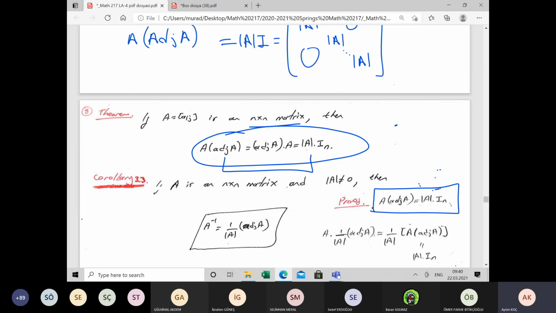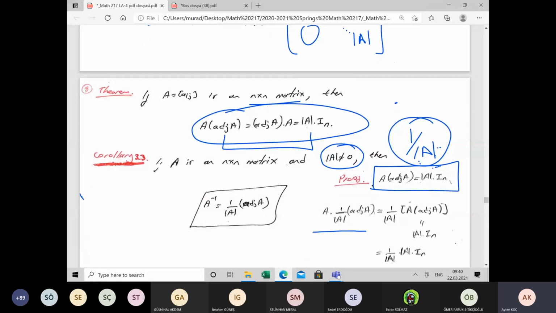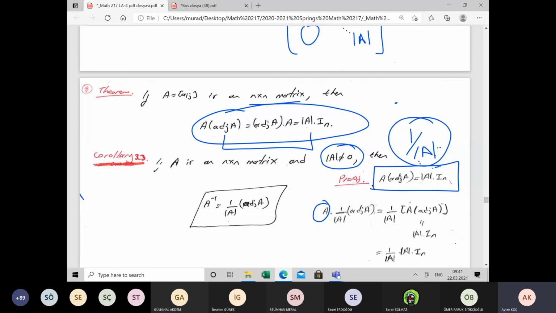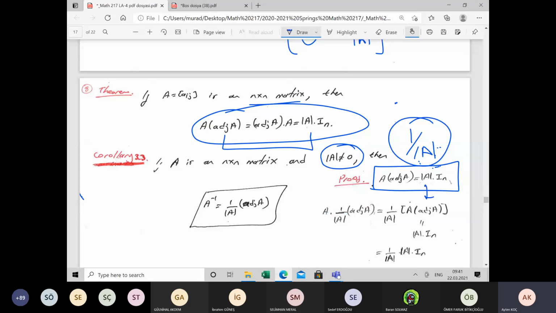And we know that 1 over the determinant of A is a scalar, and using this property, the adjoint is a matrix multiplied by a scalar, so we can rewrite it. And we know that A times the adjoint matrix is the identity matrix times this scalar.